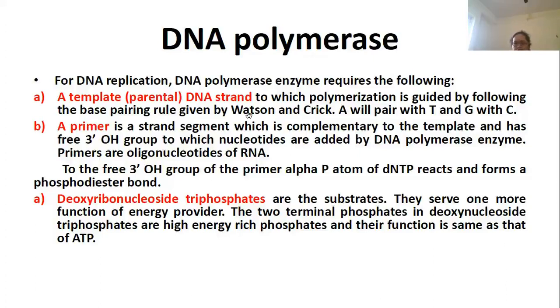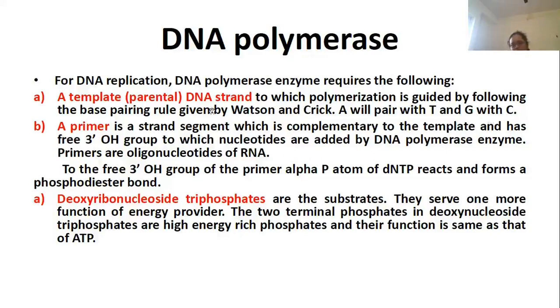Now for DNA replication, this DNA polymerase will require some raw materials. So what are those substrates or raw materials for the polymerase enzyme? First thing is that it will require a template or parental DNA strand.